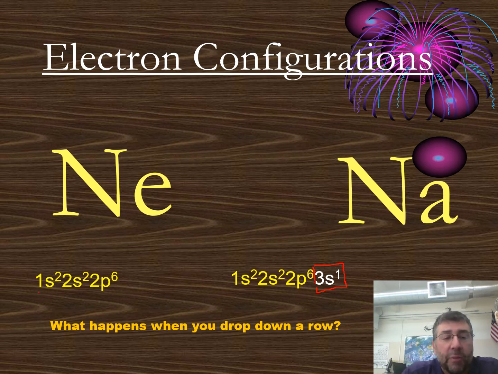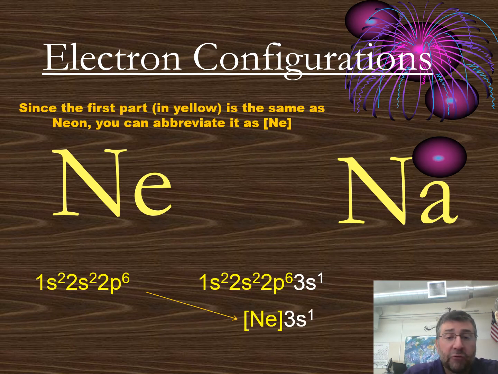So we're going to take all the parts that are the same, and we're simply going to add to it what's different, the 3s1. And the way we show that is that we go to the last element in the row before it. So the last element in the row before we get to sodium is neon.